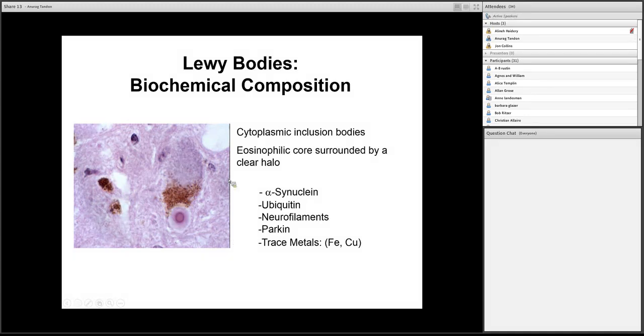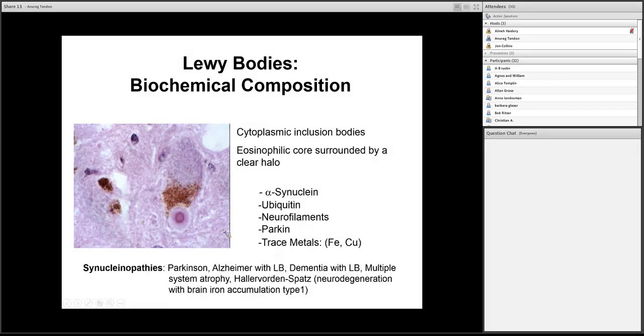So these Lewy bodies, shown here, are primarily very sticky deposits found inside neurons, and they are comprised of large amounts of alpha-synuclein and a number of other proteins such as ubiquitin and neurofilaments, also a number of trace metal elements.